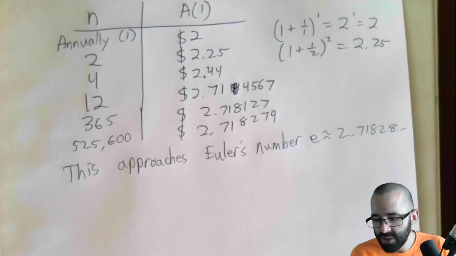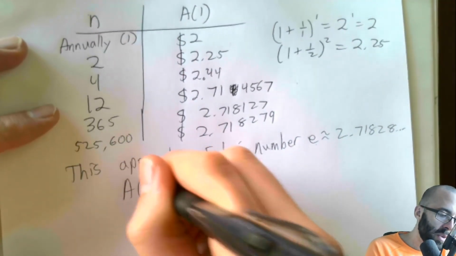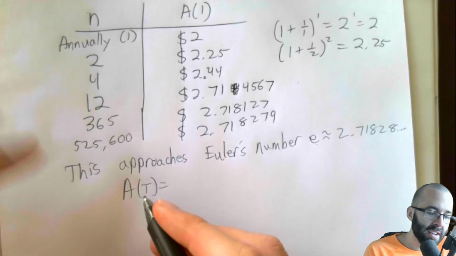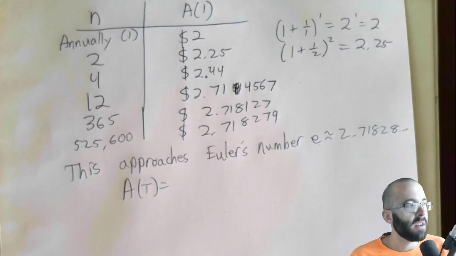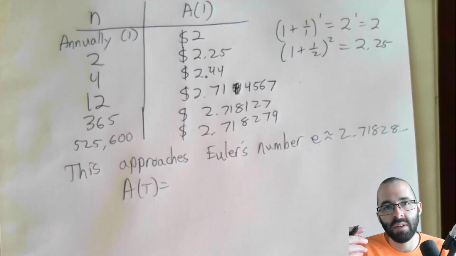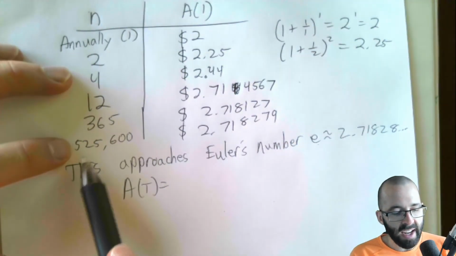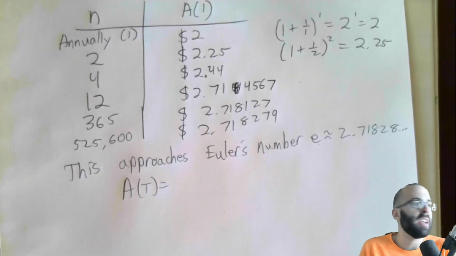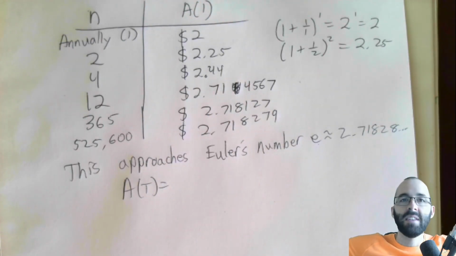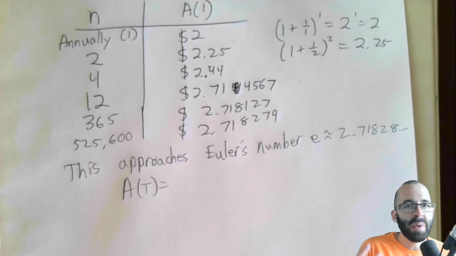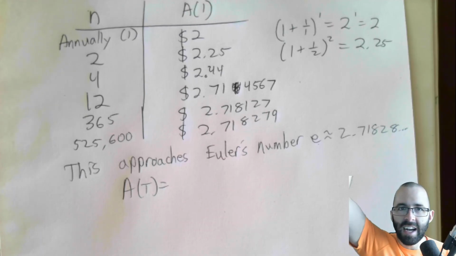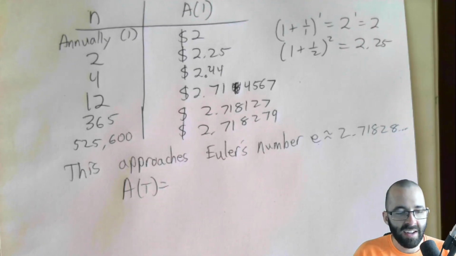Okay. What we can do right here is if we're investing money and it's not compounded discretely a certain number of times, right? As n goes to infinity, if it's compounding as we speak, it is growing. As we speak, my pile of cash just climbs to the roof, right?